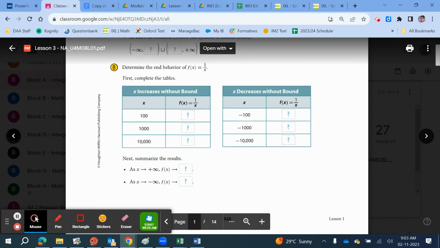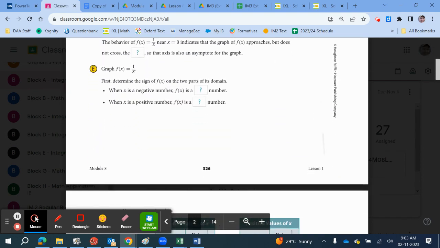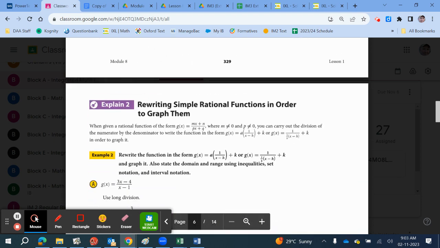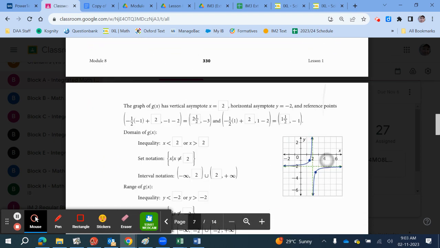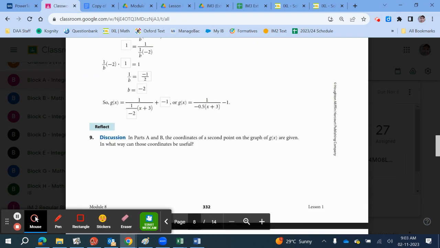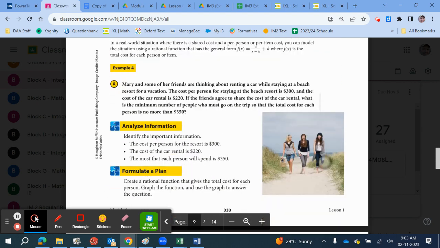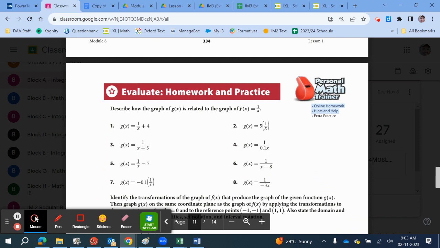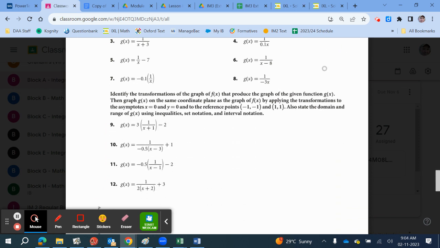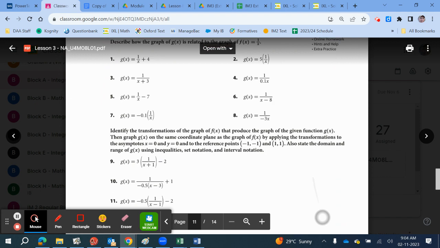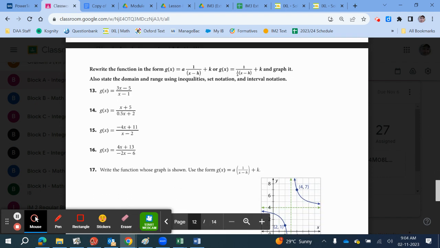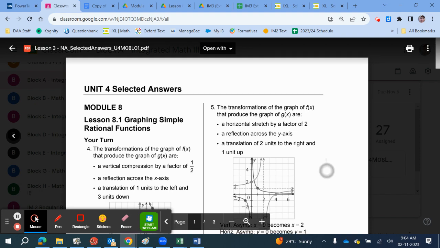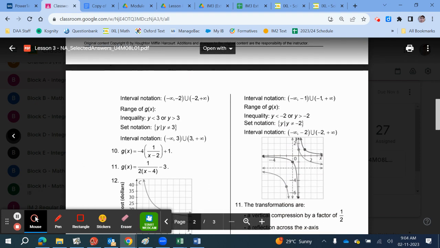It will explain a lot of the stuff that we have done here. And then at the end, you can find the practice questions. They come right at the end. So you've got the reflection questions, the modeling ones, and here on evaluating homework and practice, this is the homework questions. So do a selection of these. You don't need to do all of these. Do a selection. And you can find they provide some selected answers to this.